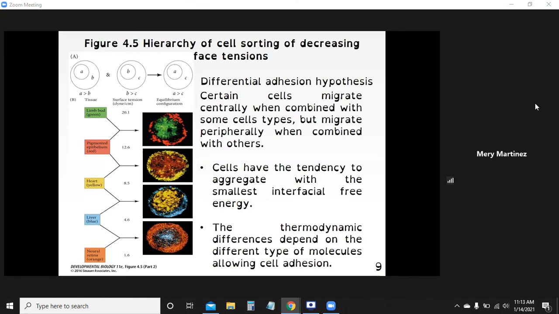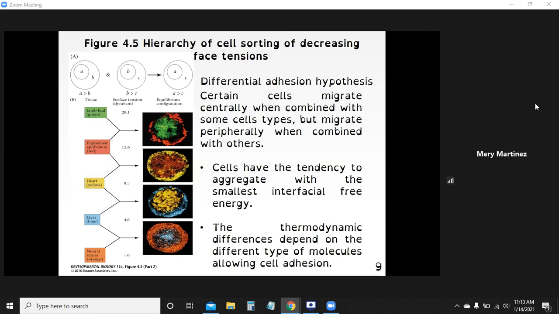From the previous slide, we know that cells do not sort randomly, right? They aggregate based on their affinity with the other cells' surfaces. So instead of just moving to create different tissues and organs, we now need to include a new term, the differential adhesion hypothesis. This is what we see in this image.